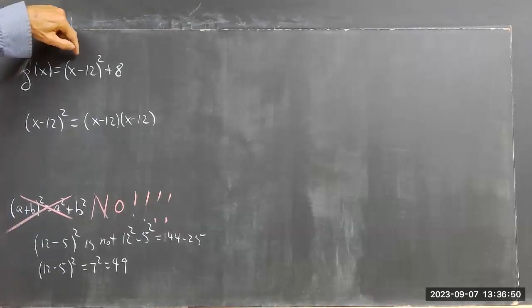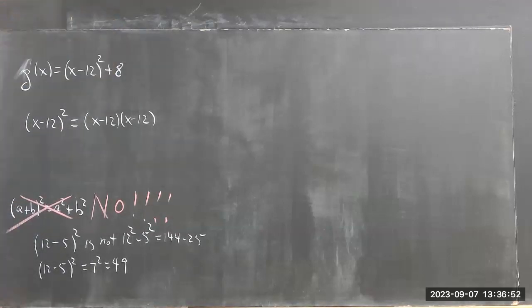We got g of x equals x minus 12 squared plus 8, and we want to look at this x minus 12 squared. Now, people want to say x minus 12 squared is x squared minus 12 squared, or maybe x squared plus 12 squared.